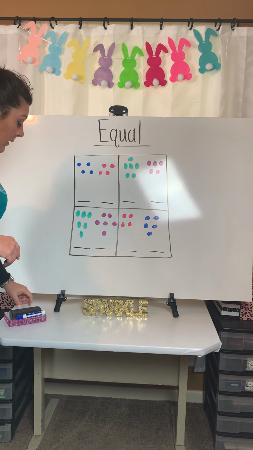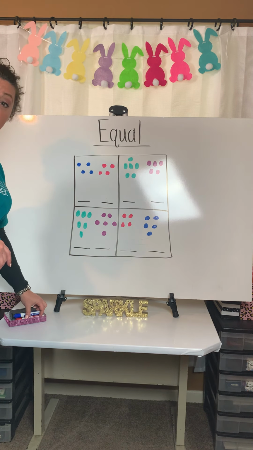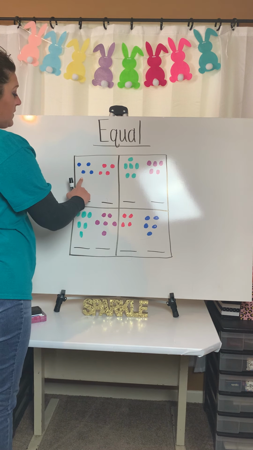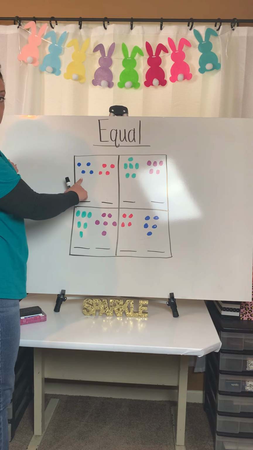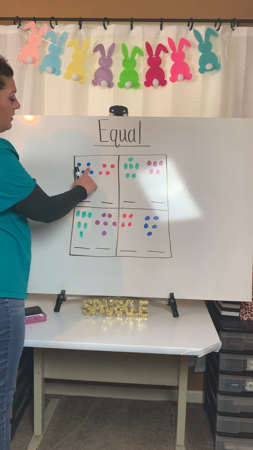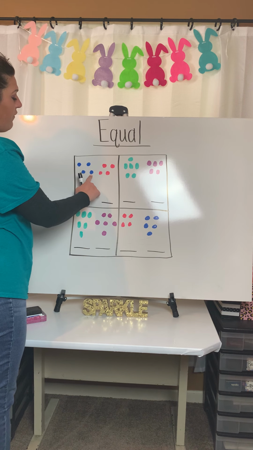Okay? So we will begin to do this the same way we did with more and less. We will count our dots and then we will decide if they are equal. Okay, so let's start with this top square. How many blue dots do we have? 1, 2, 3, 4.